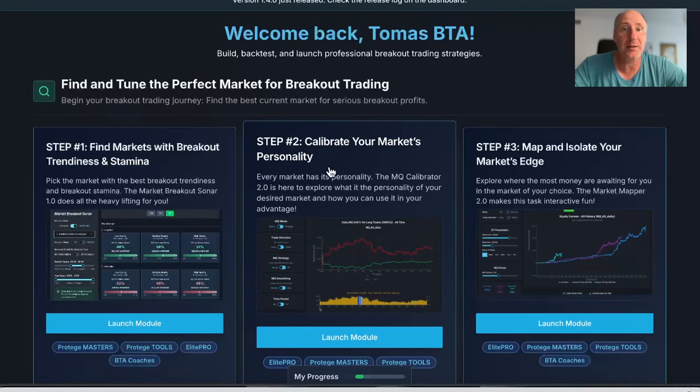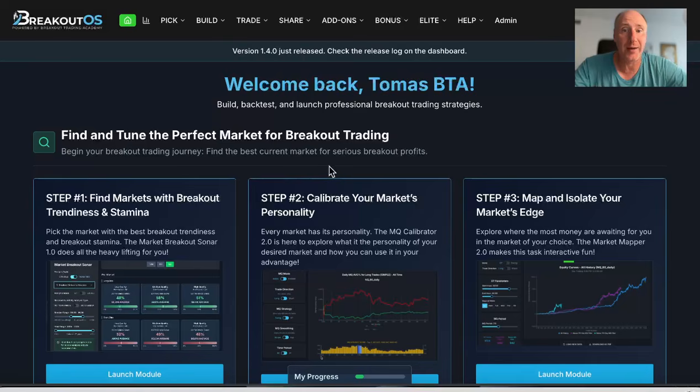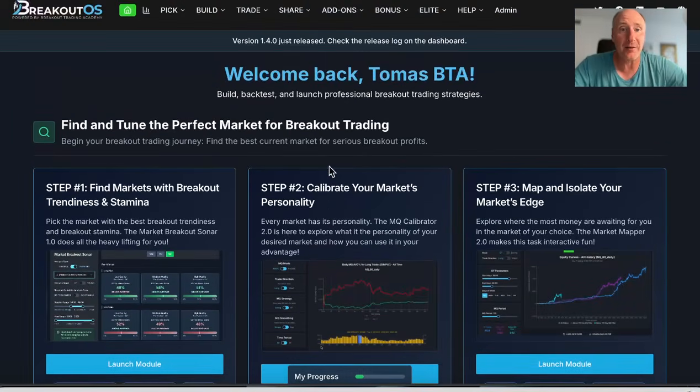Well, this is not the way breakout trading is developed with BreakoutOS. BreakoutOS doesn't have 95% of the functionality of other platforms. You will not really find it there. In essence, it's quite a simple platform, but it does one thing only, and it does it the best in the world. There's no other specialized platform for breakout trading.